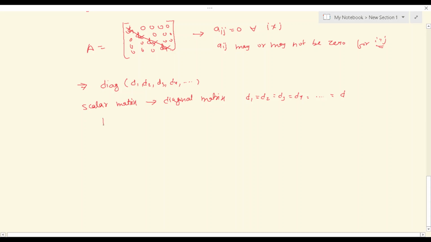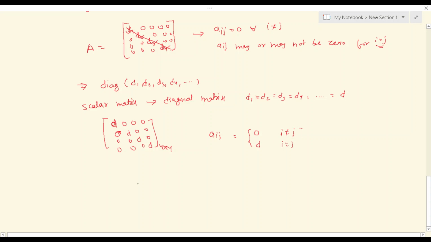So this is our scalar matrix: d 0 0 0, 0 d 0 0, and so on. This is a 4x4 matrix, and similarly the scalar matrix can be defined for other sizes. In general terms we can write it as Aij is 0 for i not equal to j, and d for i equal to j.